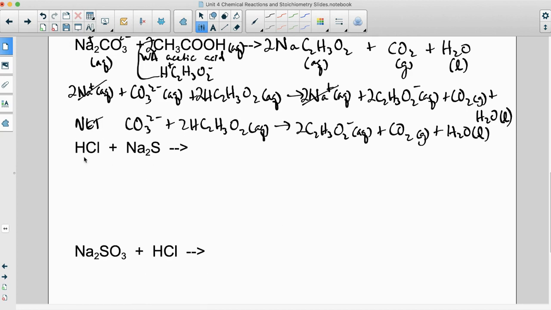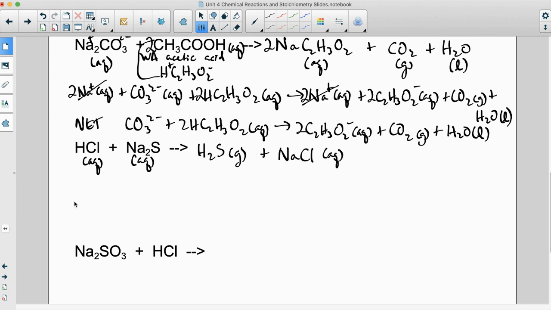Here we have a gas formation reaction where we form H2S gas and NaCl. Okay, so here, if this is aqueous and this is aqueous, this is going to be aqueous.